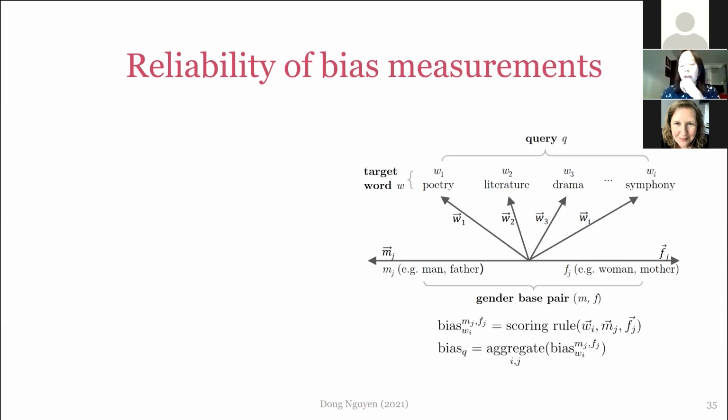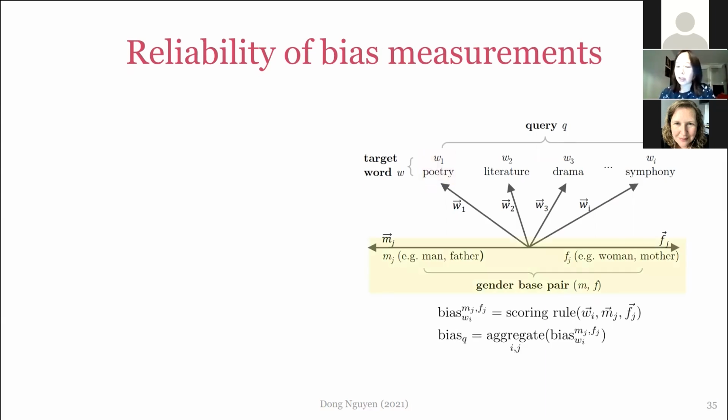So this should give you an impression of the general setup. There are many different variants of how we can measure gender bias in word embeddings, but the general setup looks like this. We have target words. So these are words like poetry, literature, drama, and so on.